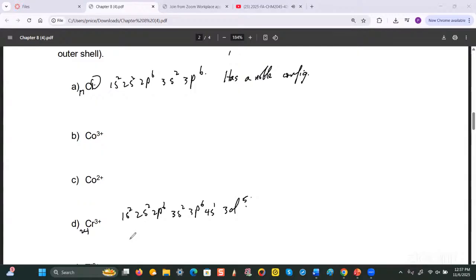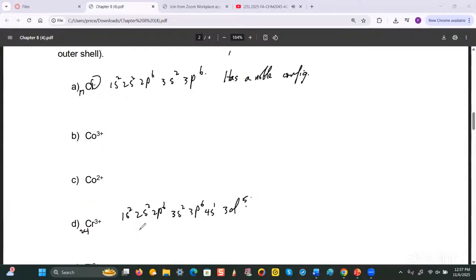So to get chromium 3+, we have to remove 3 electrons. Where would you start removing electrons? Which orbital would you start removing electrons from?